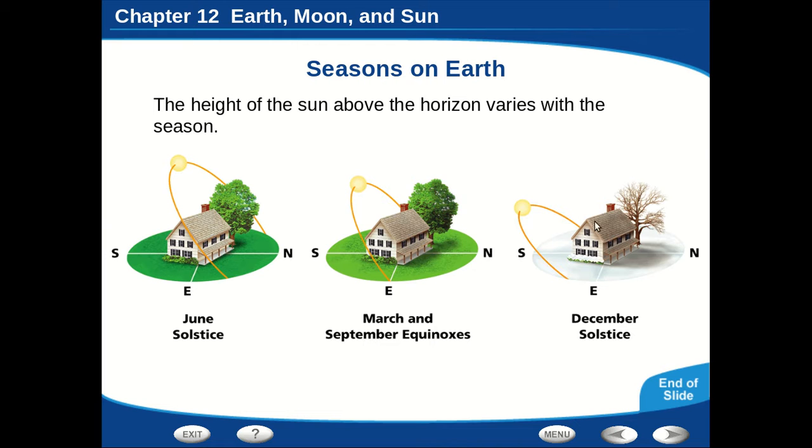And this is only true of the northern hemisphere. If we were looking at the southern hemisphere, this would all be different. But where we live in the northern hemisphere, this is what's going on, and this is what's causing the seasons. Less direct hit, cooler temperatures. More direct hit, more focused sunlight, higher temperatures.